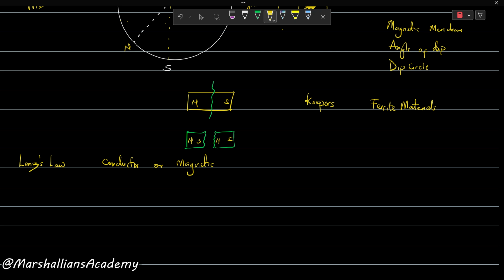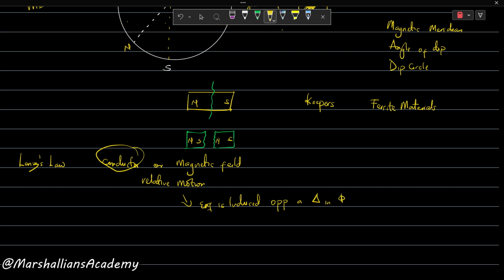In relative motion, an EMF is induced in the conductor in such a way that this EMF wants to oppose a change in magnetic flux. It doesn't want the magnetic flux to change. That is what Lenz's law is telling us.